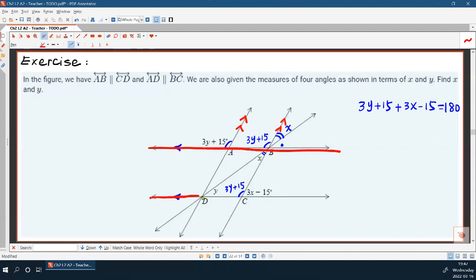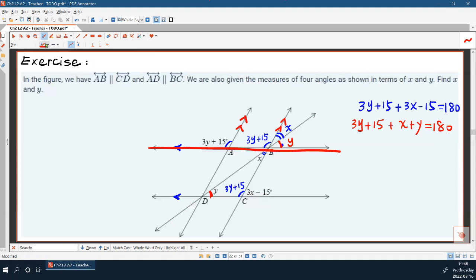This line is parallel to this line, right? And this is the transversal. This angle and this angle are corresponding angles. Therefore, the angle here is also y, because corresponding angles are equal. So we have another equation, which means the sum of these three angles equals 180. So 3y plus 15 plus x plus y equals 180.